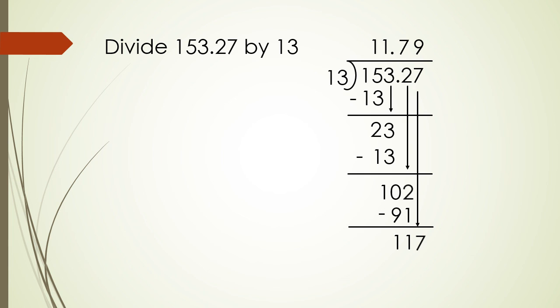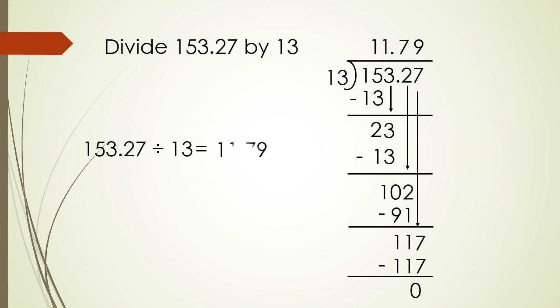So 13 9s are 117. So subtract, you get the remainder as 0. Hence dividing 153.27 by 13, we get a final answer as 11.79. Hence the sum.